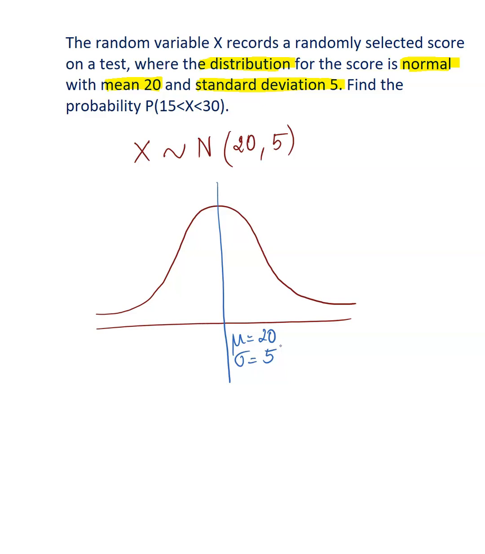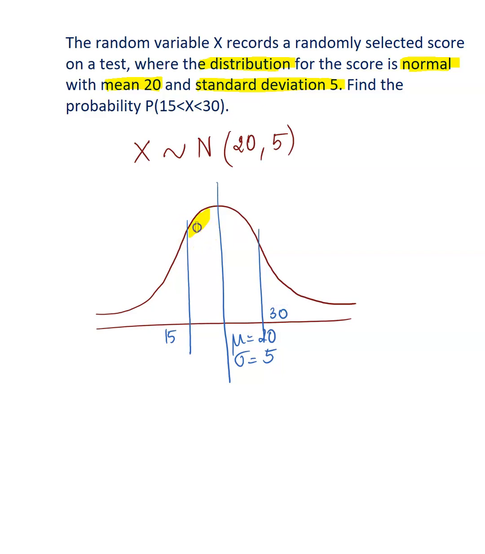Now they're asking us to find the probability between 15 and 30. So if you come back here, if it's between 15 and 30, you can think of 15 right here and 30 right here. I'm just approximately marking 15 and 30 because it's a number line.